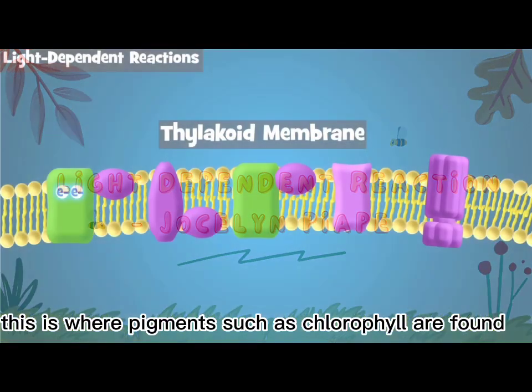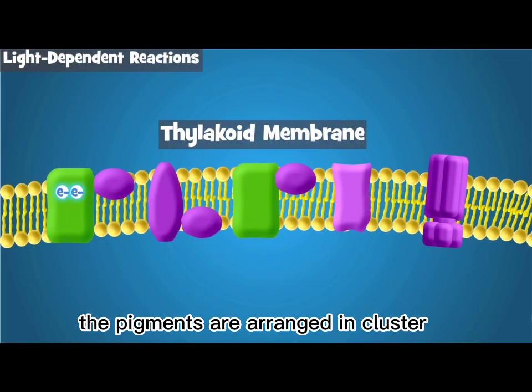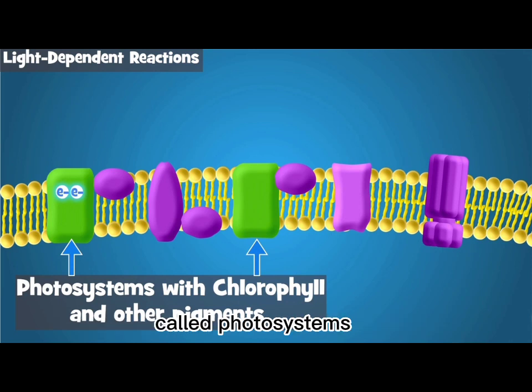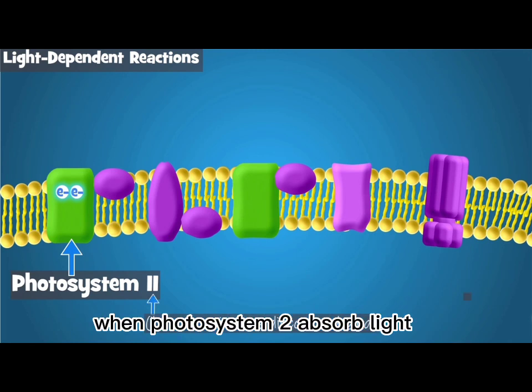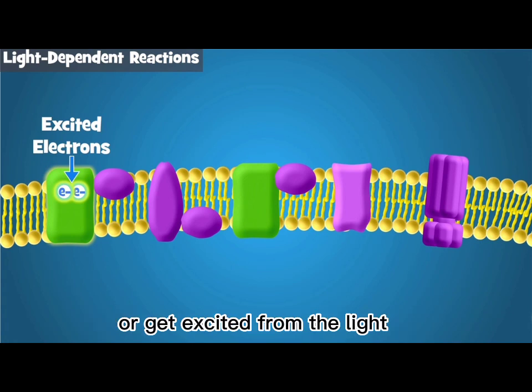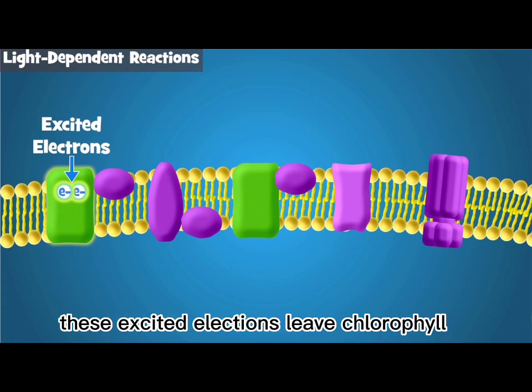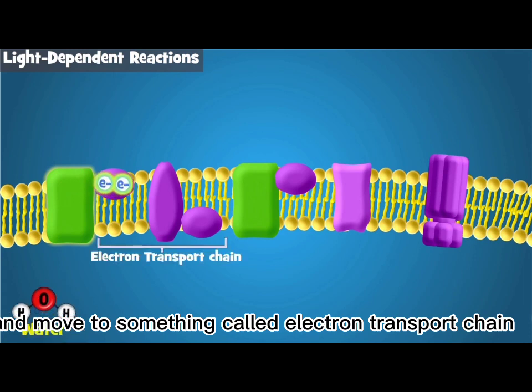This is where pigments such as chlorophyll are found and is where light gets absorbed. The pigments are arranged in clusters called photosystems. Let's start with photosystem 2. When photosystem 2 absorbs light, electrons in chlorophyll gain energy or get excited from the light. These excited electrons leave chlorophyll and move to something called the electron transport chain.